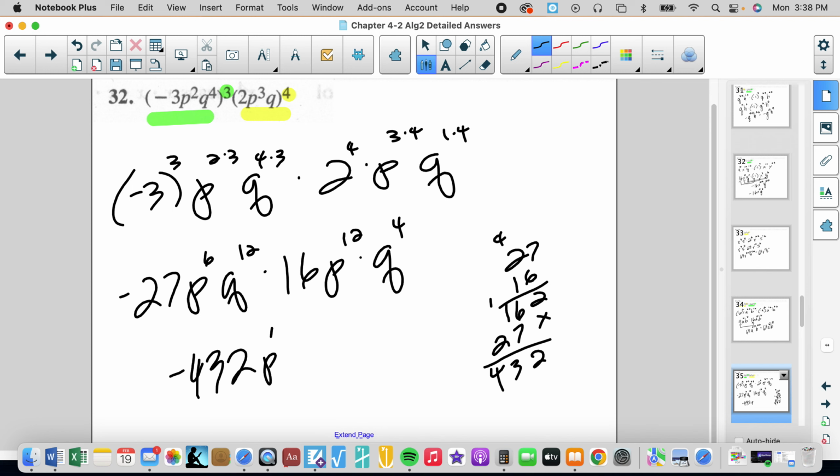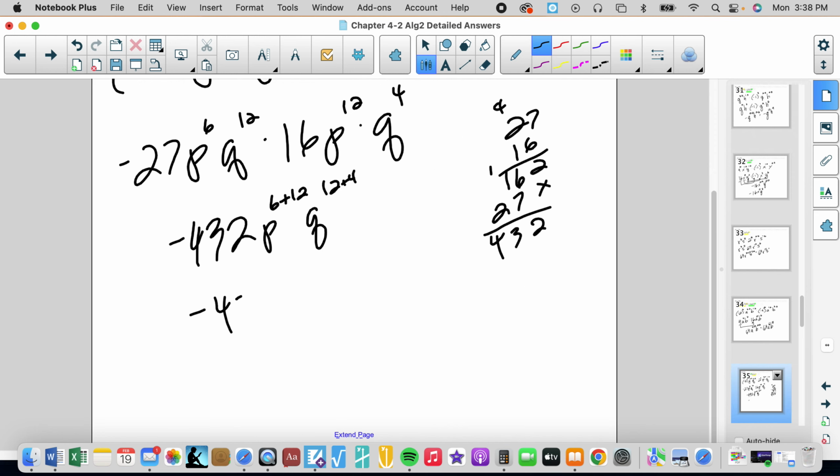We have p to the 6 plus 12, q to the 12 plus 4, -432, p to the 18th, q to the 16th.